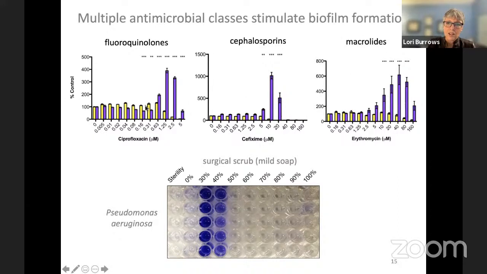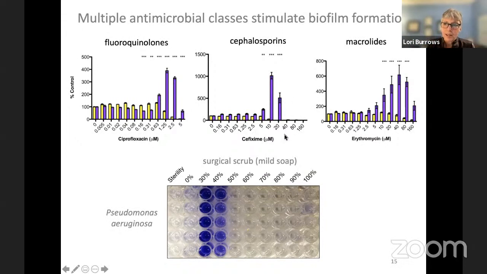So you can see in each of these cases, as you increase the concentration of the drug, the growth of the bacteria will eventually stop. But just before you get to that point, the bacteria start to react to the higher concentrations of drug by making more biofilm. So my students call this the, "Oh my God, I'm gonna die," and then they die. But we see the same pattern repeatedly.